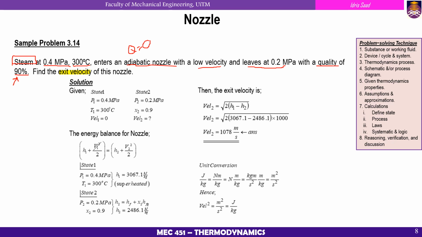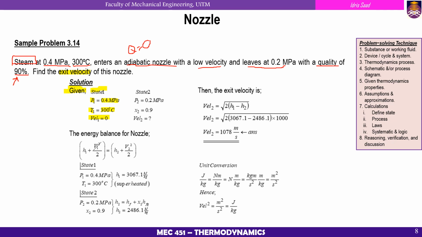As usual, in order to solve this problem, we have to record all the given data. Probably the best way to do it is state by state, so in this slide, I already arranged it. At state number 1, we have P1 is equal to 0.4 megapascal, T1 is equal to 300 degrees Celsius, and velocity 1 is equal to 0.